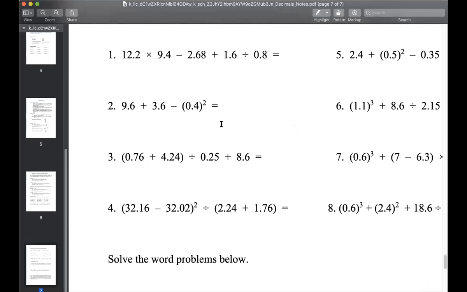So where am I gonna start with number 1? What should I do first? Multiplication. Yeah, let's do the multiplication first. I'm gonna do 12.2 times 9.4. What's 12.2 times 9.4?